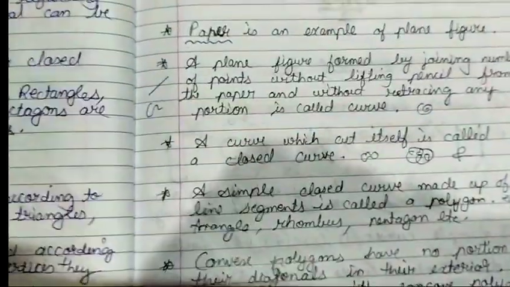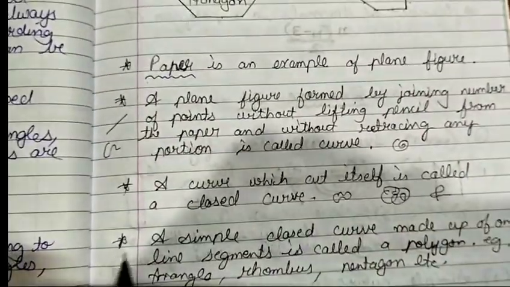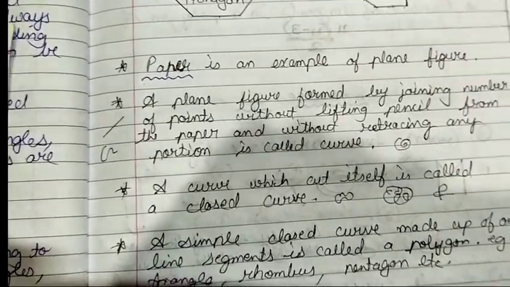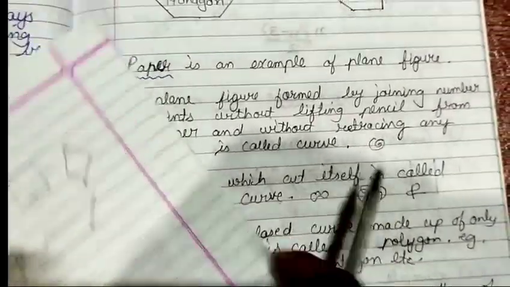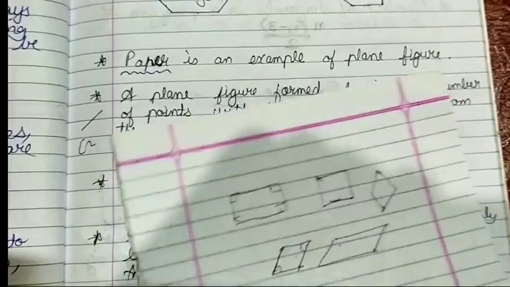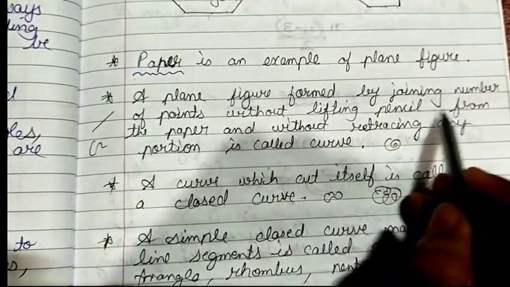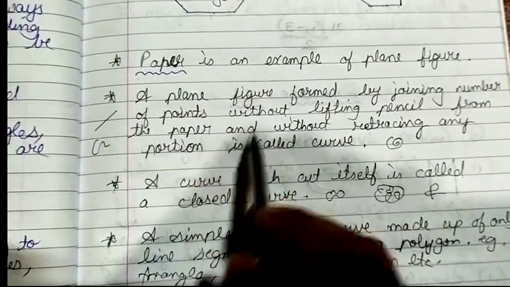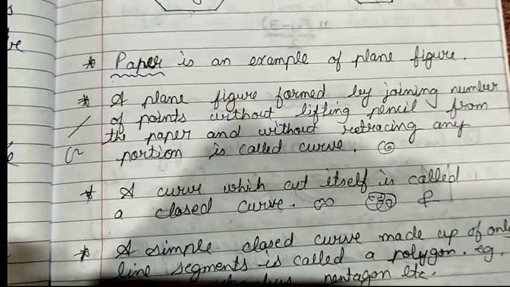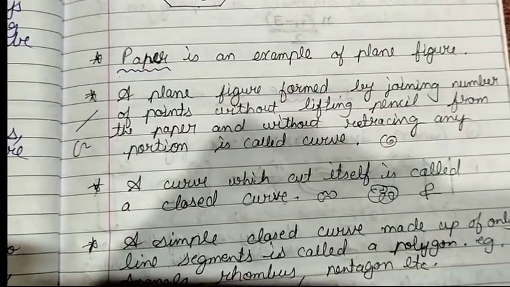Now, dear student, let us move further. Paper is an example of a plane figure. One plane surface is known as such. A flat surface it has. A plane figure formed by joining a number of points without lifting the pencil from the paper and without retracing any portion is called a curve.